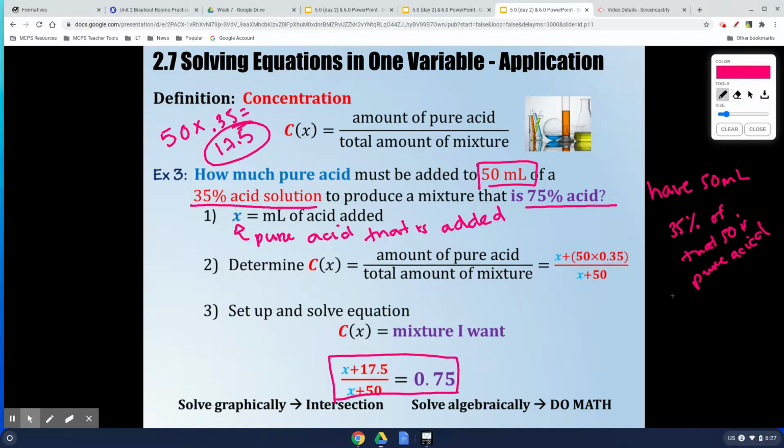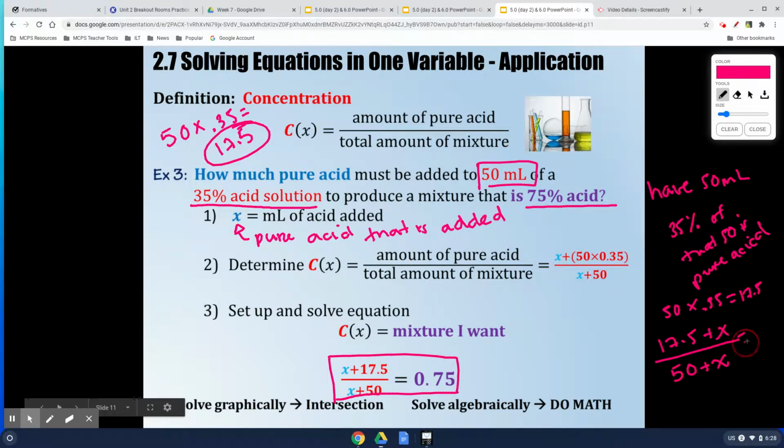So I did that up there, 50 times 0.35 gave me 17.5. So I'm asking, how much more pure acid do I need to add for the amount of pure acid over the total, which was 50 plus the X I'm adding, to get me to 0.75, to get me to a 75% concentration.